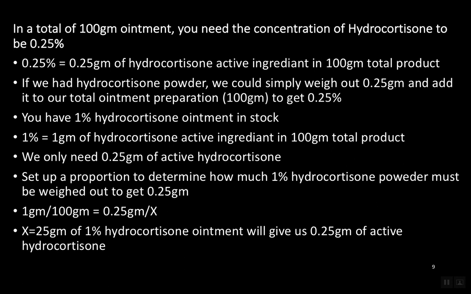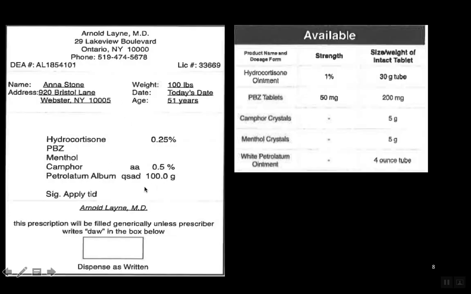So 0.25% is saying that for every 100 grams of total product you have, 0.25 grams of hydrocortisone should be in there. It doesn't necessarily mean that you're making 100 total, though in this case, we are making 100 total.